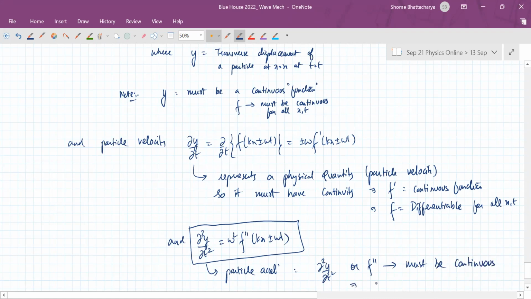So that means the function's second derivative should be continuous.